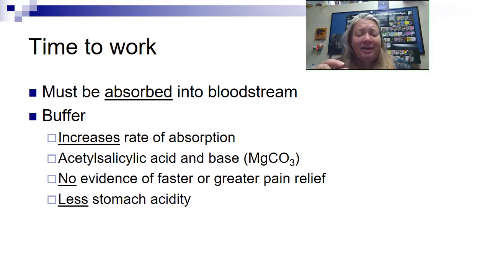It takes longer to destroy the buffer solution, but the idea is that it would actually get into your bloodstream faster, so it would work faster. There is no evidence of greater or faster pain relief, although there have been some indications that it causes less stomach acidity in case you had any problems with that.